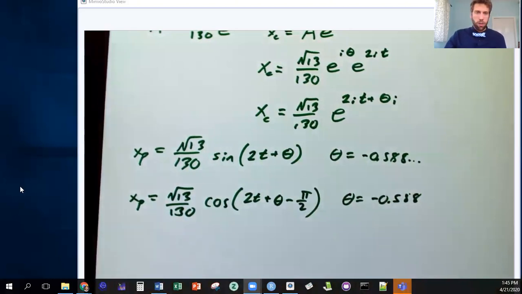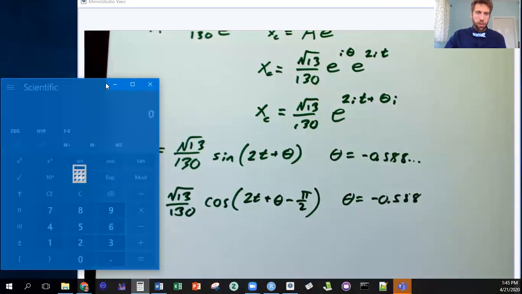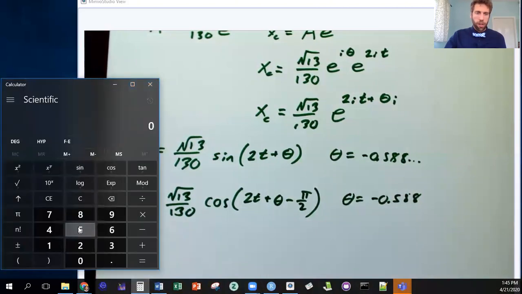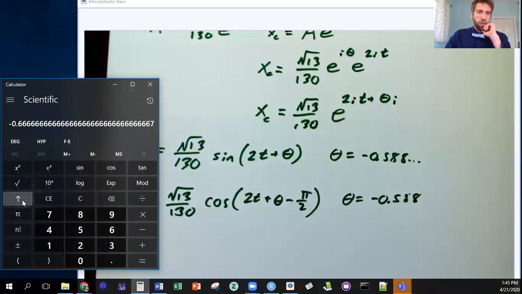Let's just get the exact number. So the exact number was negative 2 divided by 3, and then the shift arctan, but in radians. Oh, for crying out loud.